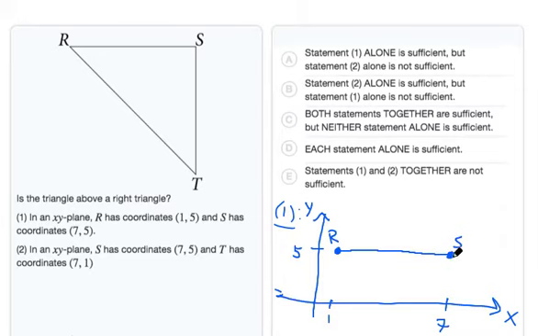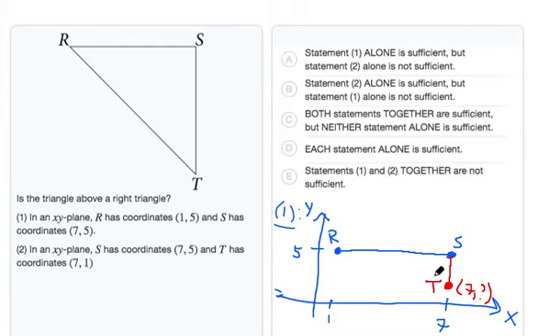We would only be able to guarantee that if the x value for T is 7, right? In which case, we'd be able to say that that's 90 degrees.